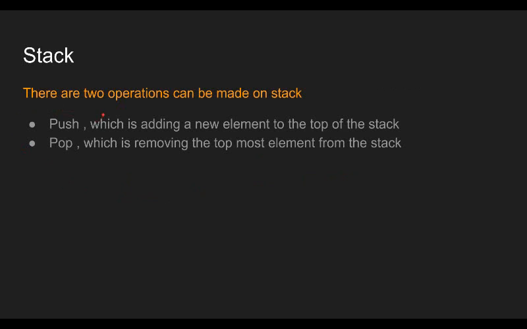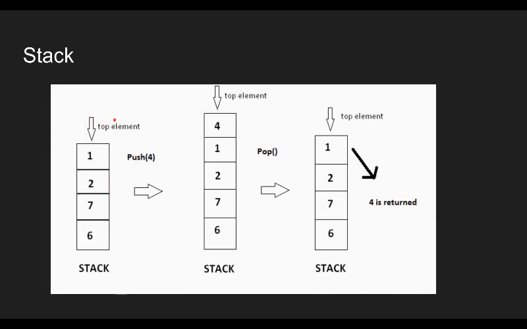Here are the operations we can do on a stack. If we want to add a new element, it's called push, and if we want to get an element from the stack, it's called pop. As we see here, this stack now has its top as 1.